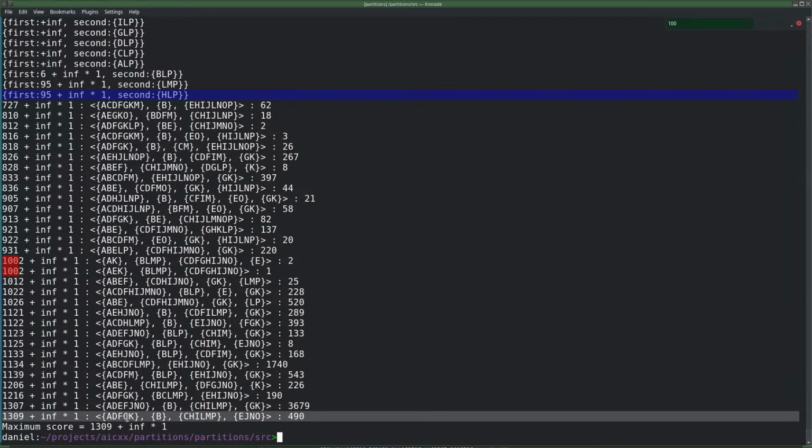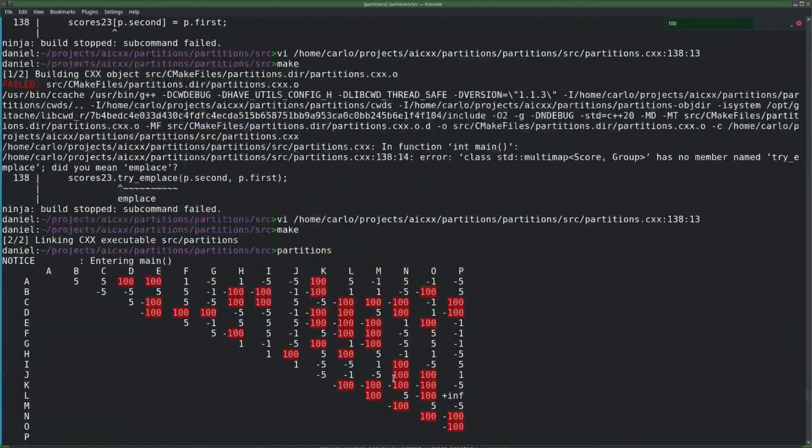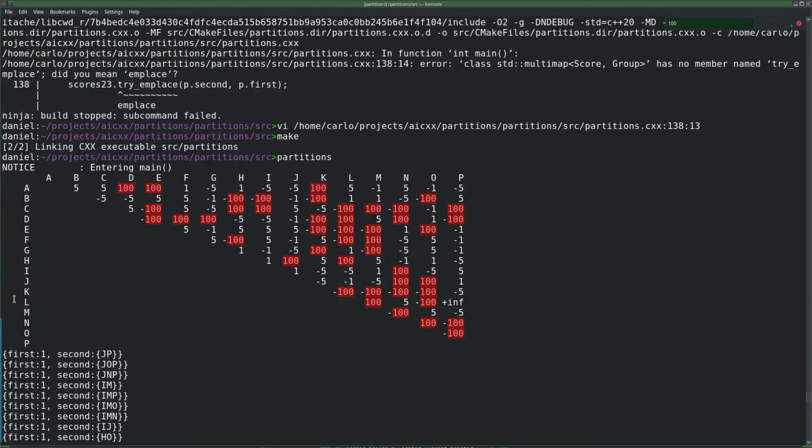Put A, D, F, G and K together, B must be alone, these must be together, and A, G and O together. And then the pairs that these groups form, their scores all summed up give 1309 and 1 infinity. And the infinity comes from the fact that I put, where's my infinity?